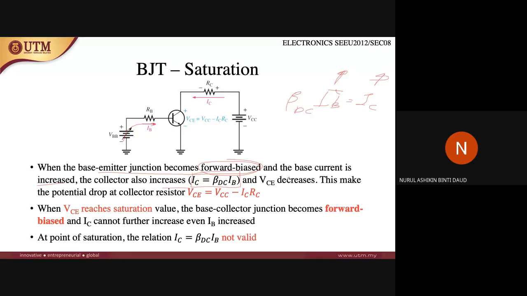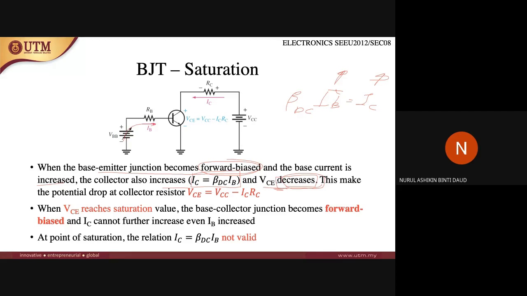And since IC increases, VCE will decrease, the other way around with IC. So VCE decreases.